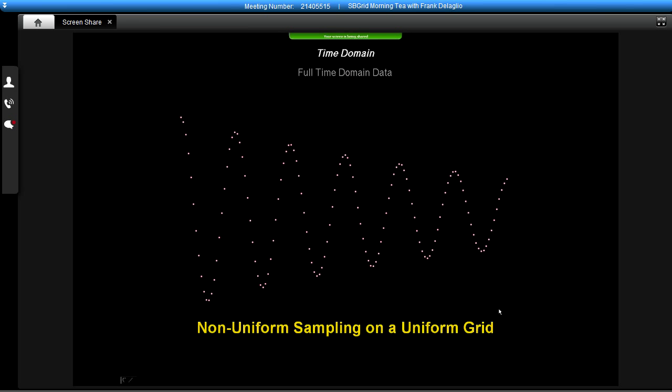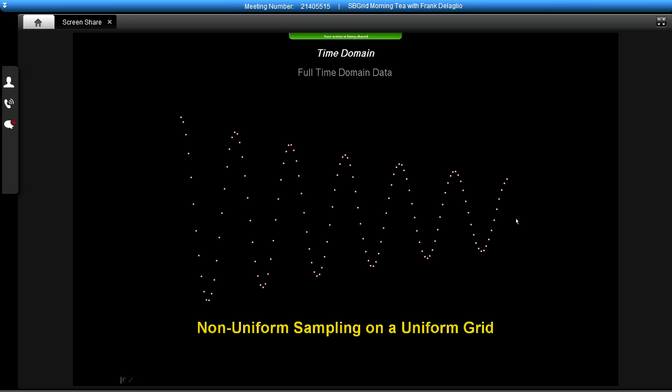But there have been other approaches as well, and the one that we'll talk about today is the idea of non-uniform sampling on a uniform grid, or what we will just call non-uniform sampling for short. Now, in any particular indirect dimension of a biomolecular experiment, we most commonly measure data points which are uniformly spaced in the time domain, like we see here.